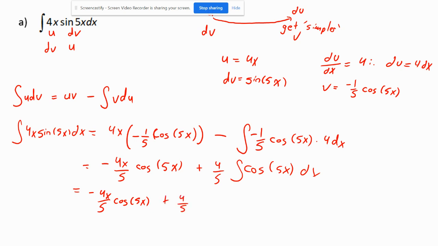Okay, so what's the integral of cos 5x? Well, we just did something similar to that. So the antiderivative of cos 5x is going to be sine of 5x over 5 plus c.